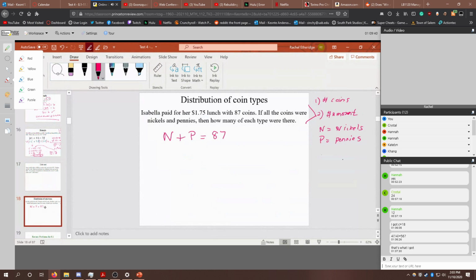Now, what's the dollar amount of a nickel? $0.05. What's the dollar amount of a penny? 0.01.